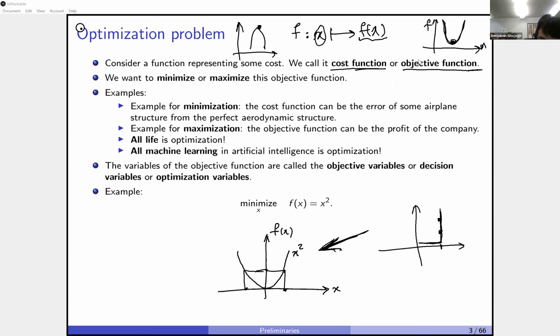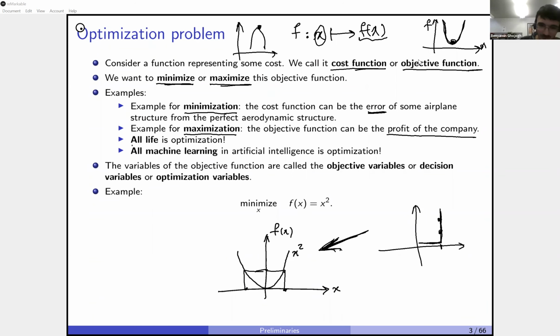So we want to either minimize or maximize the objective function, right? Again, an example for minimization is error, for example, the error of some airplane structure from the perfect aerodynamic structure. We want to minimize the error. We want to find the perfect structure for the airplane in order to minimize its error or some cost. Maximization is such as the profit of the company or anything which we want to maximize.